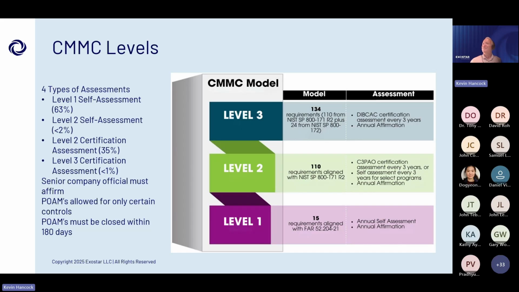When you see level 1, you'll often see some people with 15 and some people with 17. The reason for that difference is there are 15 requirements. However, if you map those 15 requirements to NIST 800-171, there are 17 controls that those 15 requirements fall under. So that's why you see those two numbers.